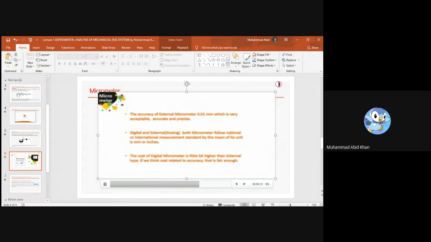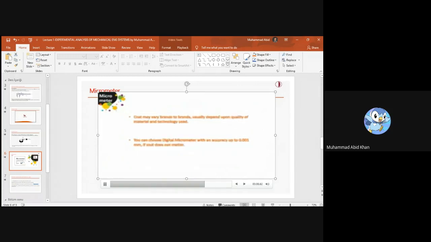The cost of a digital micrometer is a little bit higher than the external type. If we think of cost related to accuracy, then that is fair enough. Cost may vary from brand to brand, usually depending upon the quality of material and technology used. You can choose a digital micrometer with an accuracy up to 0.001 mm if cost does not matter.